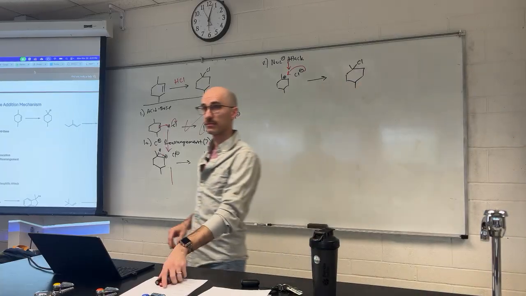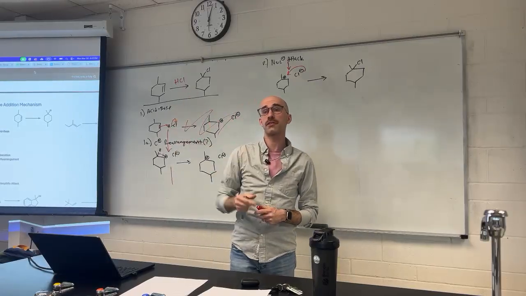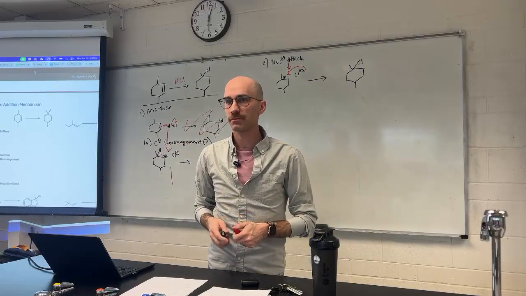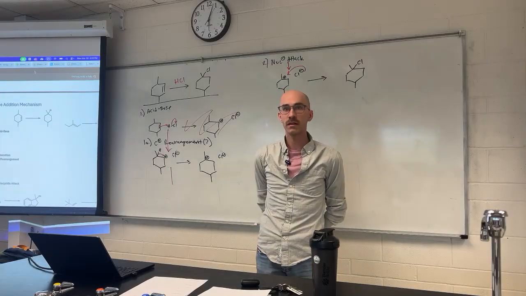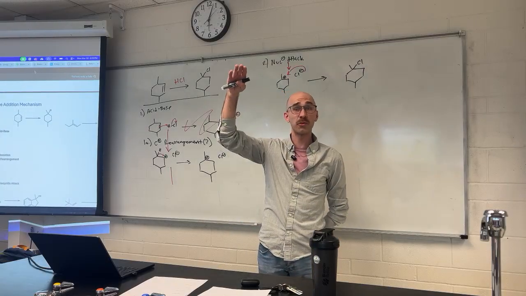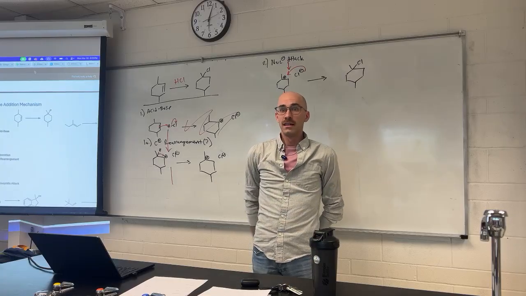So it would never be, if it moved from the top right to the bottom right, it wouldn't make a difference. From a secondary carbocation to a secondary carbocation, no. Okay, now you can show me.